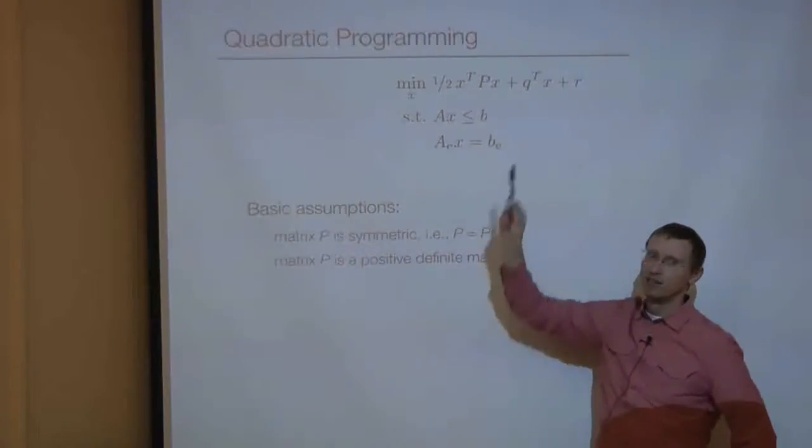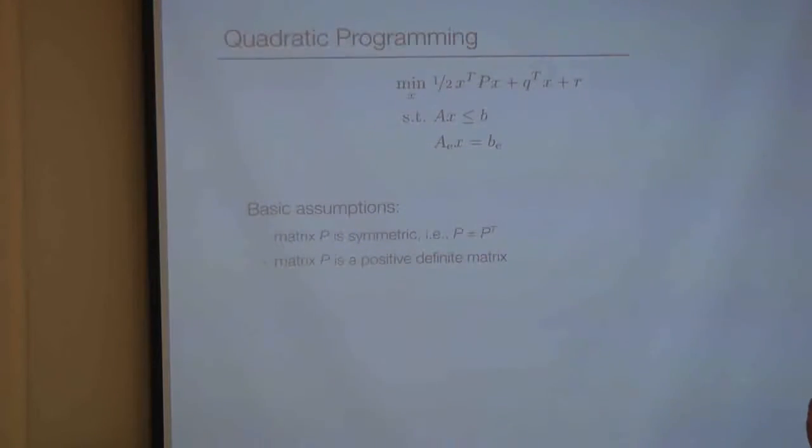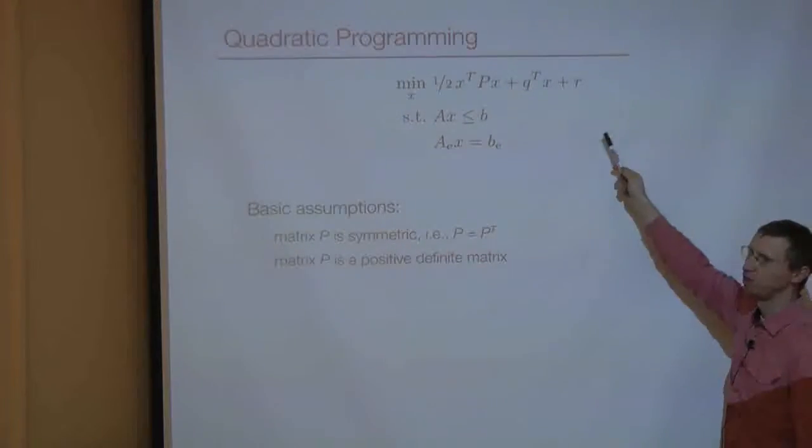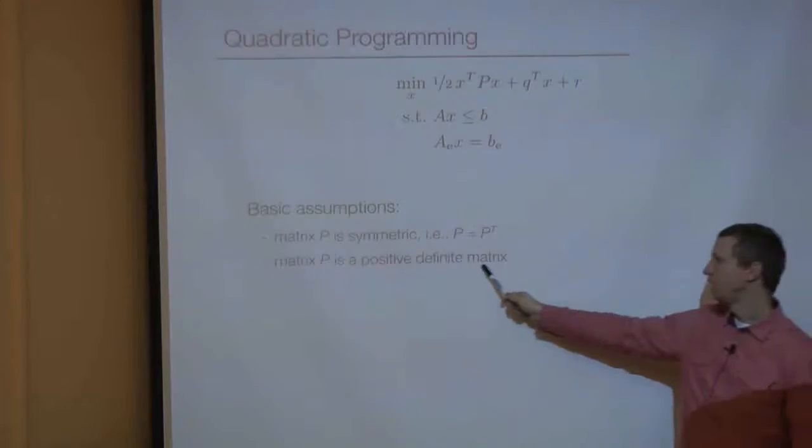We know that linear constraints are convex as well. So in short, we have a convex optimization problem, which, if it has an optimum, it is a global optimum. And this property will help us a lot to devise an efficient algorithm to solve optimization problems of this form here.